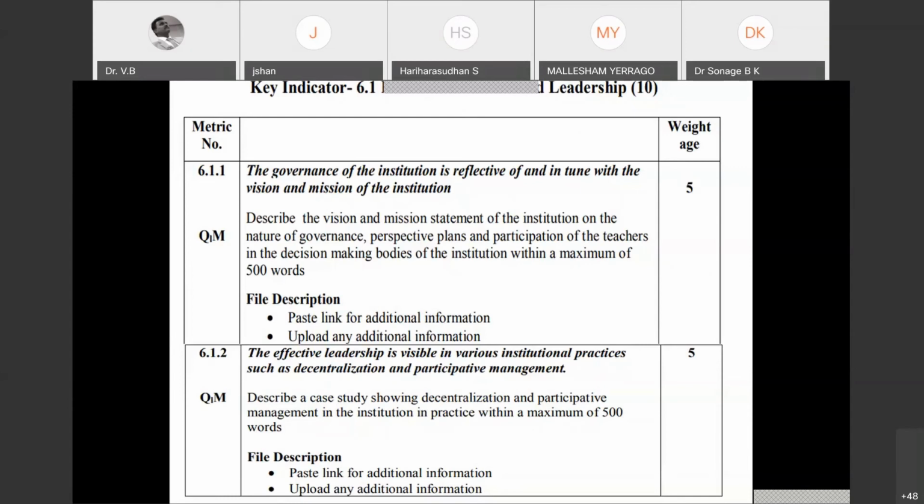So that is the description that we'll be giving in the qualitative metrics. And for the file description, when you are uploading the information, for participative management, you can include the members list of the board of studies or the academic council, in which you can pinpoint the names of the staff members who are being represented.